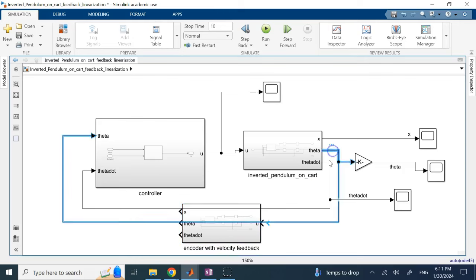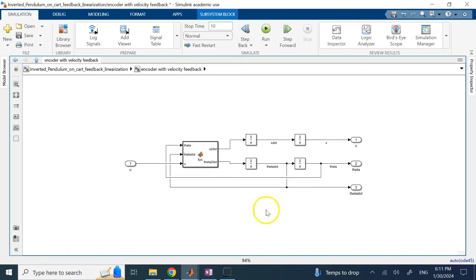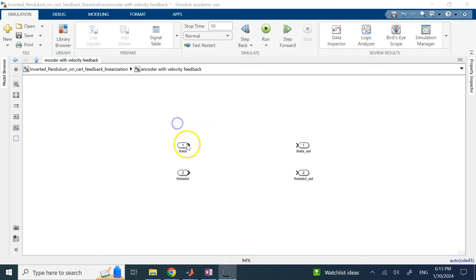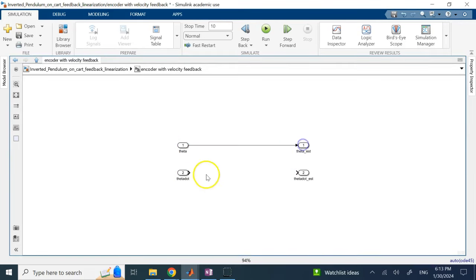This theta and theta dot of physical system and give you some estimates of theta and theta dot, okay? So in reality, theta and theta dot come in, and then estimate of them will go out, or measurements of them will go out.